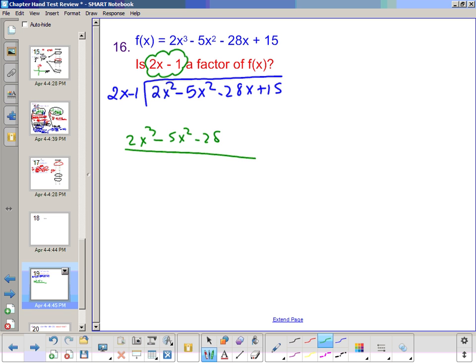So here is my division problem. If I want to divide by a single linear term for the x, that means I'll have to factor out a 2. So if I factor a 2 out of each of these, I'll have that. Now, if we want to divide the 2 out of the denominator, we're going to have to divide the 2 out of the numerator, so they reduce.